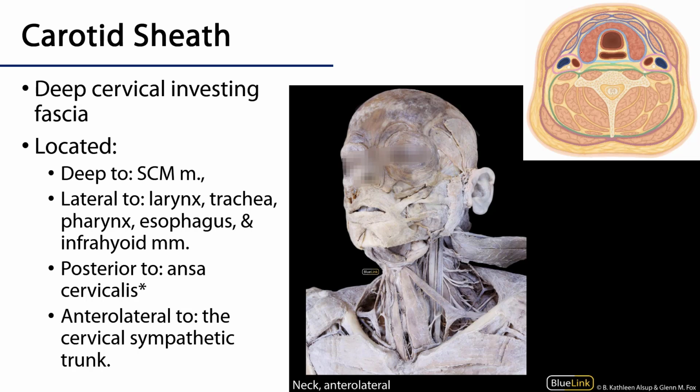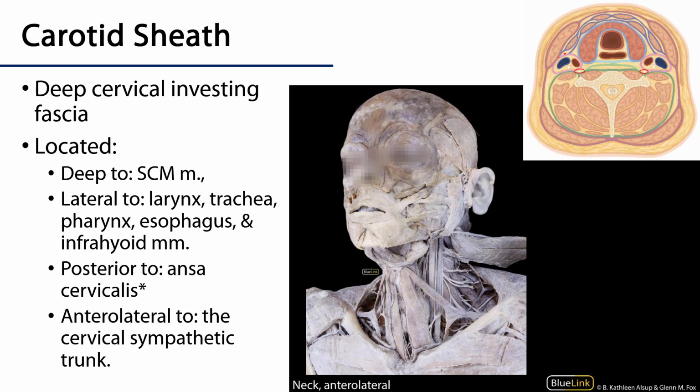So on this particular drawing, we can see the cervical sympathetic trunk on that side and on that side, and we can see that the carotid sheath is anterolateral to that. And we can't see it on this illustration, but let me just draw it in right there.